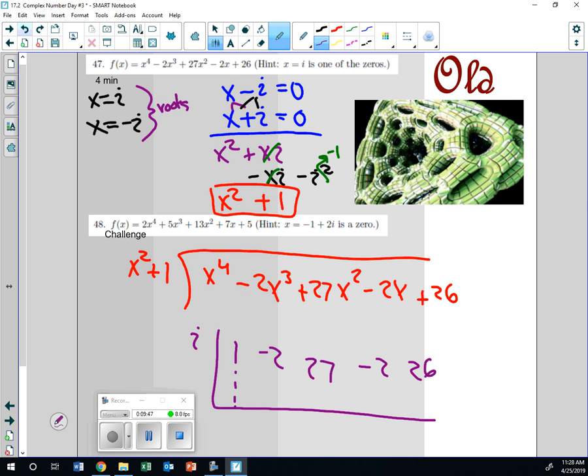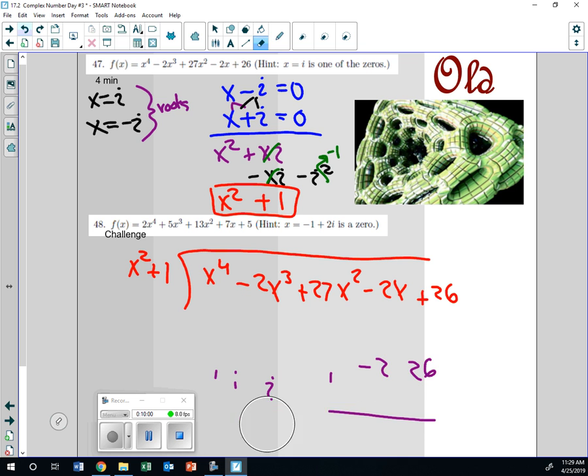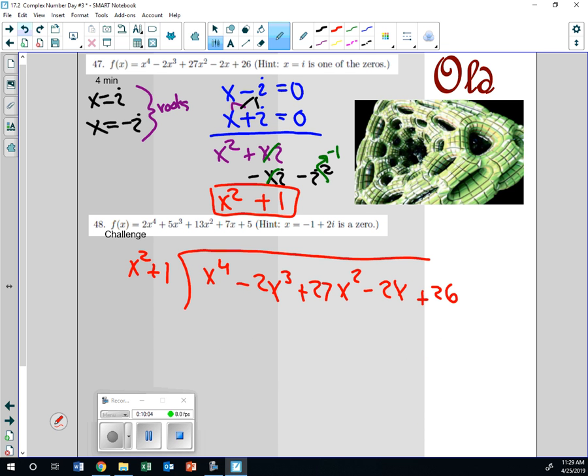So you drop the 1. 1 times i is i. Add these, negative 2 plus i. Is that going to be very helpful? That gets nasty in a hurry. Don't do synthetic with that. Doesn't work. So what we did is we got a real factor, and now we're going to factor this out of here. And you're going to get a chance to do this in a little bit, but I'm going to do this one with you.